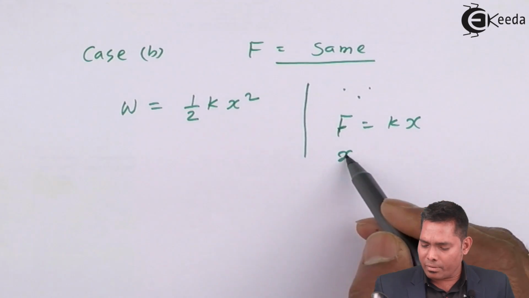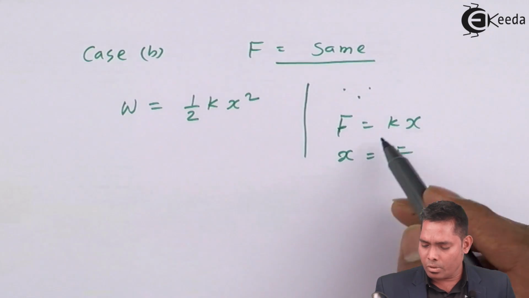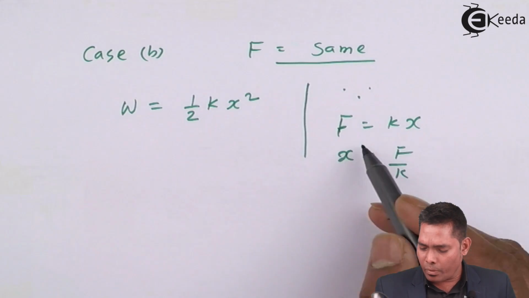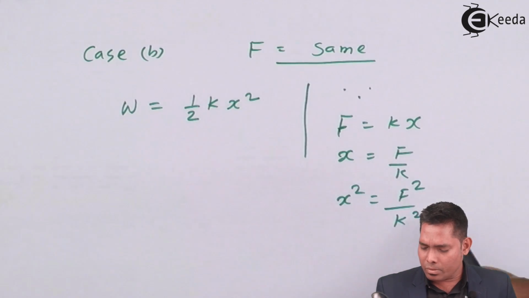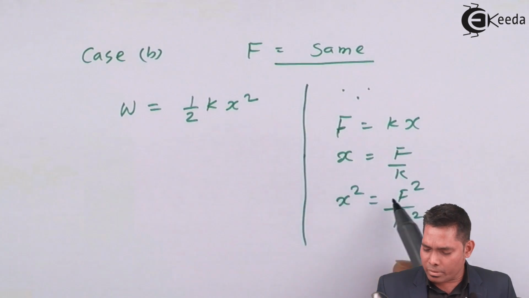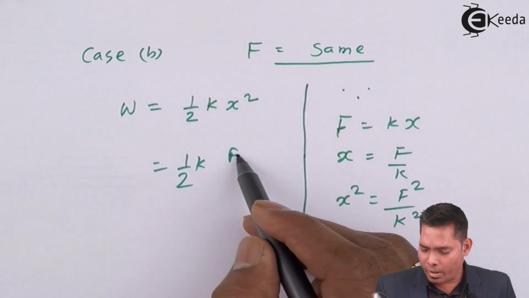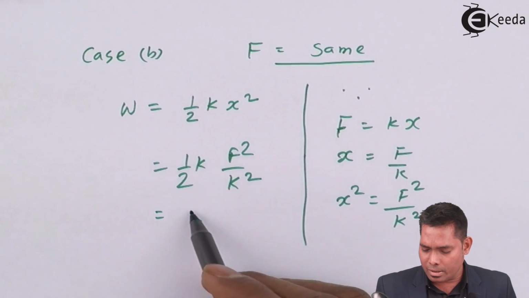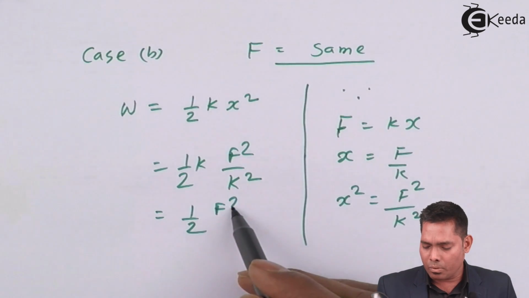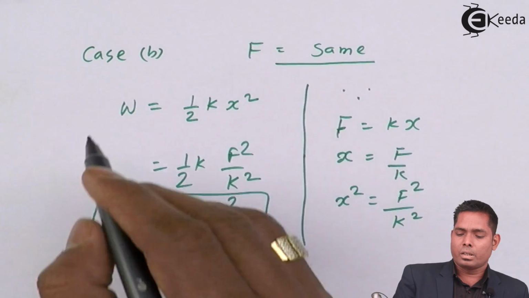So from this equation x will be F upon k, and x squared will be F squared divided by k squared. Substituting this value of x squared, it will be half of k times F squared over k squared, and the k will cancel. This is half of F squared over k. This is the formula that we are going to use for case B.